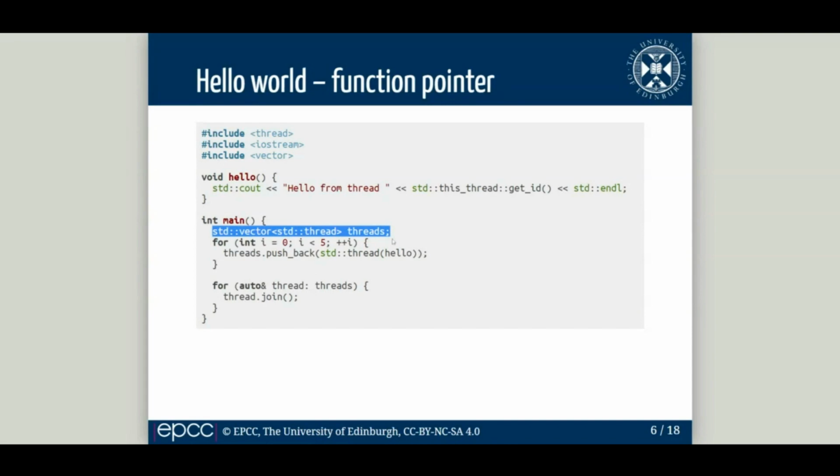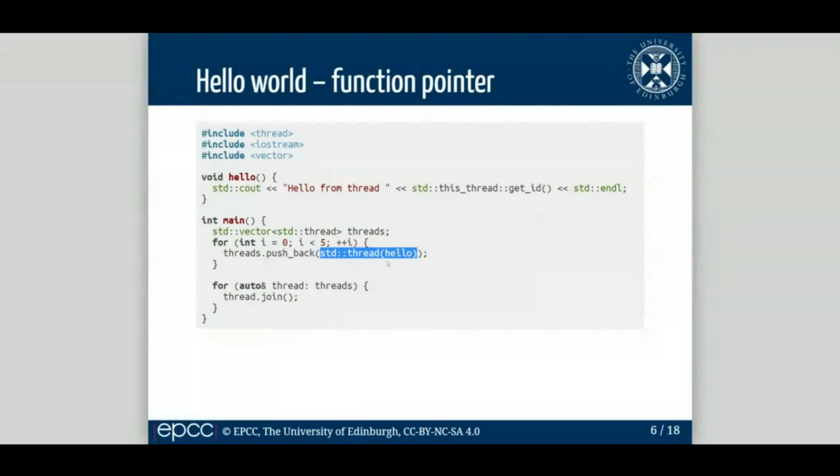You have created that vector, called threads with the S. So with threads dot push_back, you are calling a method that is inside this object, a vector of threads. push_back adds to the vector what is inside the brackets.